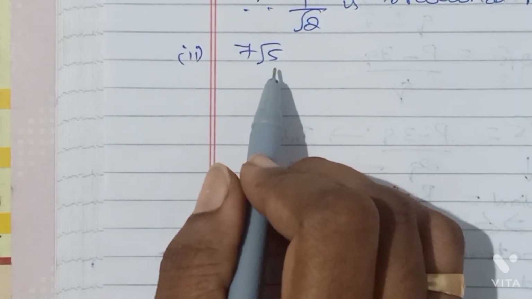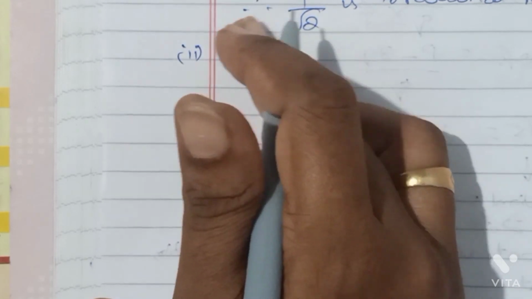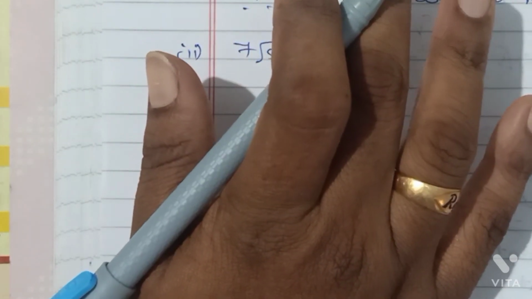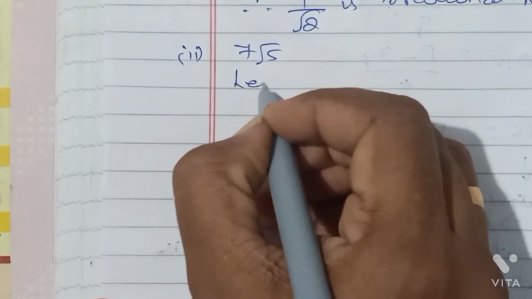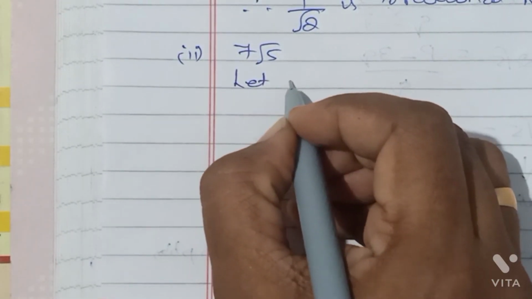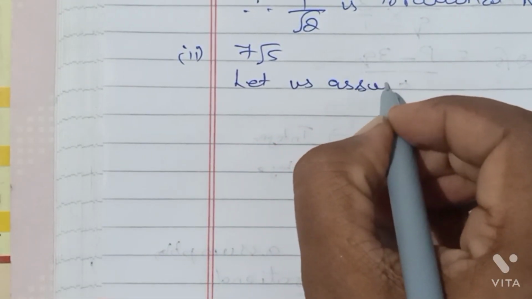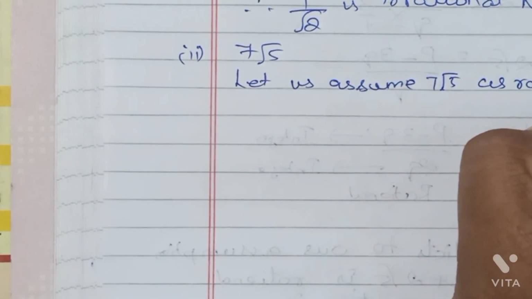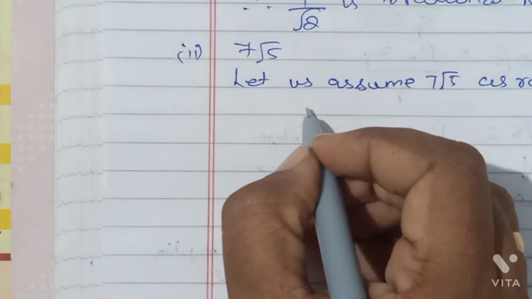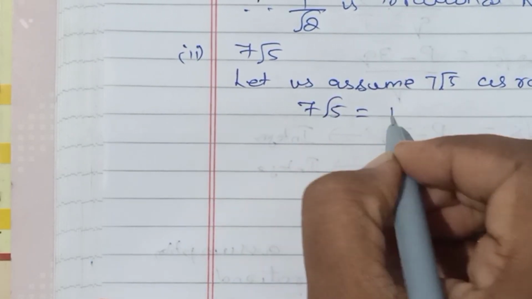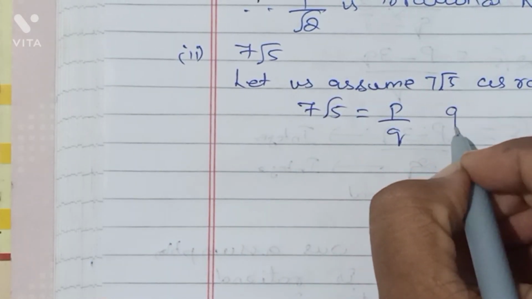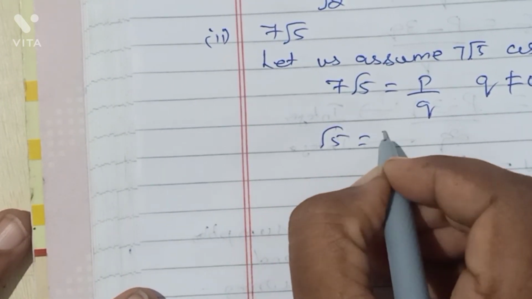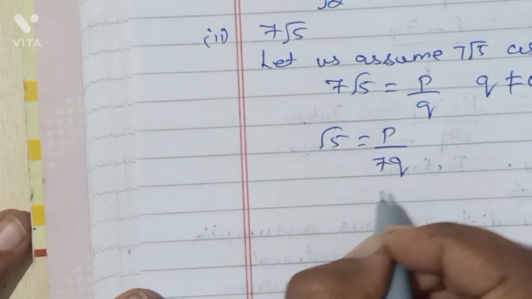Second subdivision, 7 root 5. So we have to prove once again that 7 root 5 is an irrational number. Let us assume by the method of contradiction that 7 root 5 is a rational number. So we can write it in the form p by q. This q should not be equal to 0. So root 5 is equal to p divided by 7q.